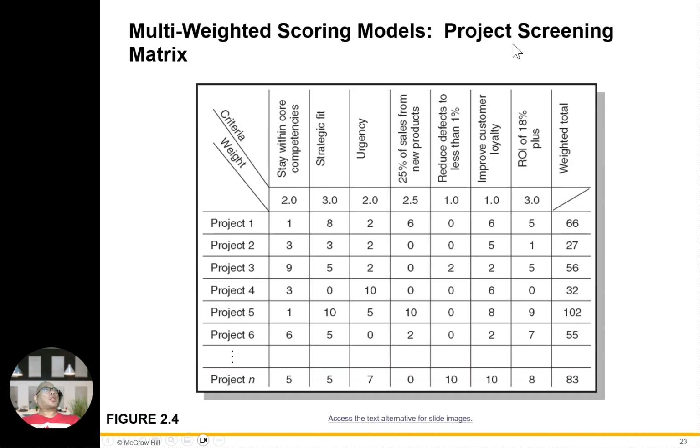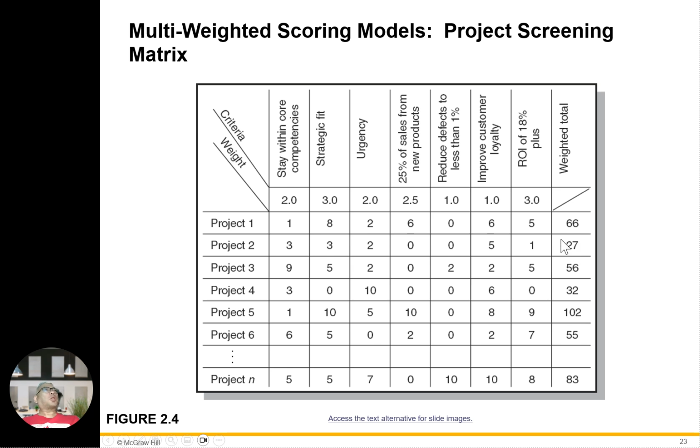This is a multi-weighted scoring matrix. Projects 1 to 5 here. This is the criteria, and this is the weighting here. Weighting 2, 3, up to 3.0. Then this is the total weight here. The total weight for project 1 is 66. Project 5 has the highest weighting total.